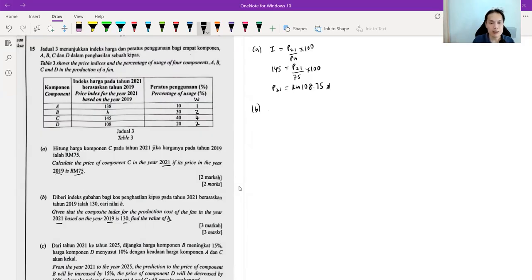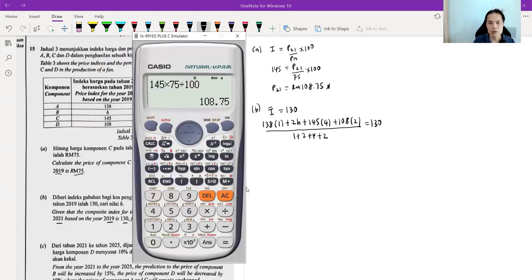And remember, the composite index in this case is 130. So we multiply the individual price index, 138 times 1, H times 2, I write 2H, 145 times 4, 108 times 2, divided by your total weightage, 1 plus 2 plus 4 plus 2, and your index is 130.